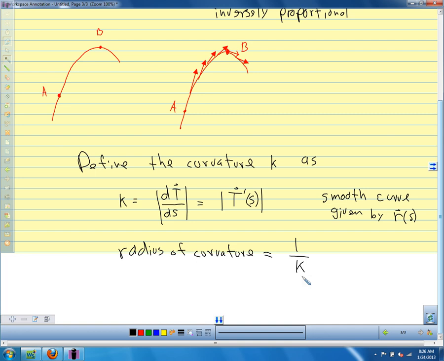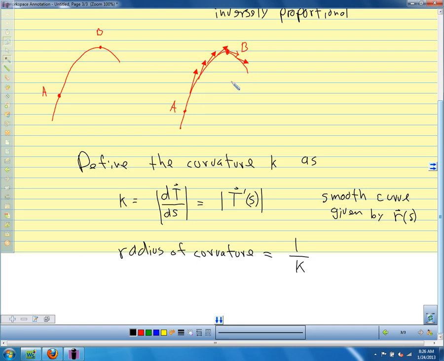Now the reason that we choose S, the arc length, as our parameter is this ensures us that the curvature is independent of the parameterization. If we said that the curvature was a rate of change of the tangent vector with respect to time, we'd get a quantity for the curvature.